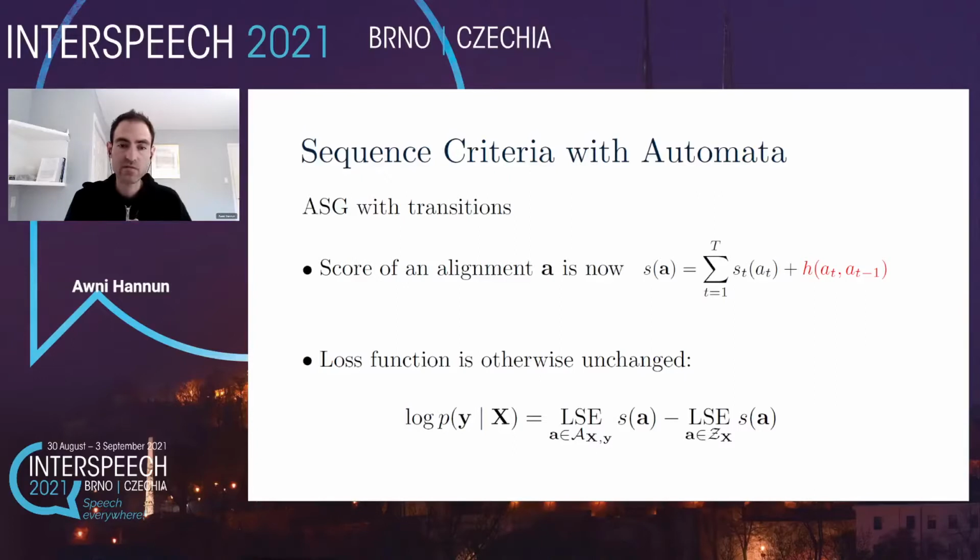So if the length of your input increases, then the runtime of the intersection with the emissions graph will increase linearly. In general, the asymptotic complexity for that intersection depends on the length of the output times the length of the input, so the product of those two.